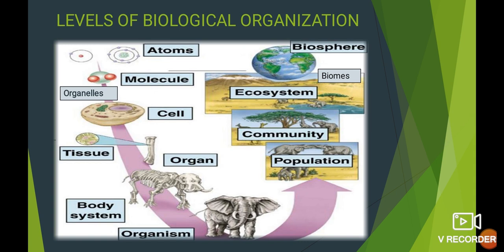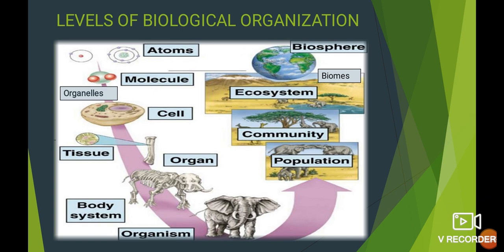Now, if those systems all come together, they can form an organism. An example of an organism is us and other animals, also plants and microorganisms.